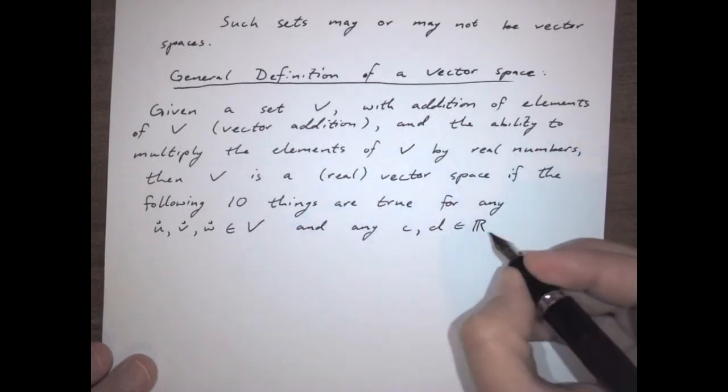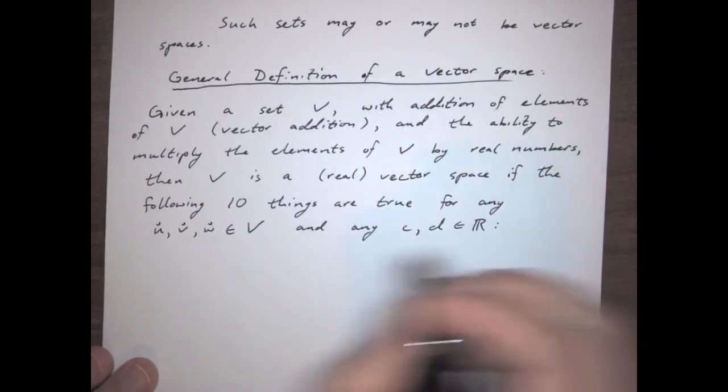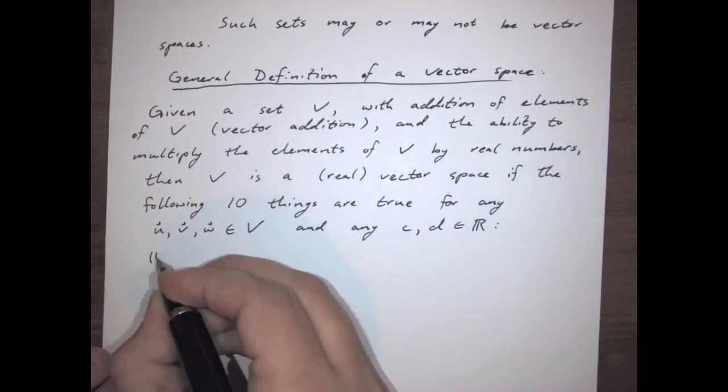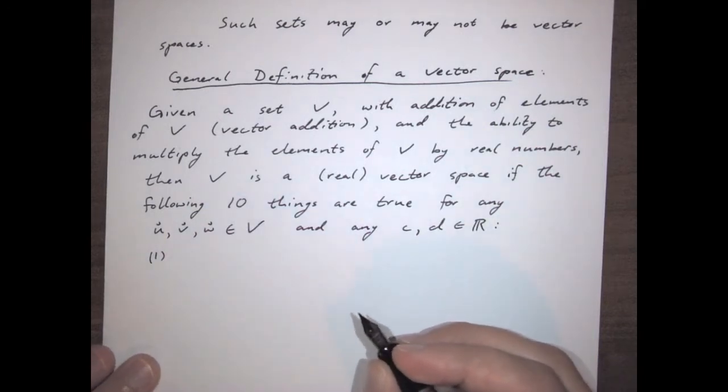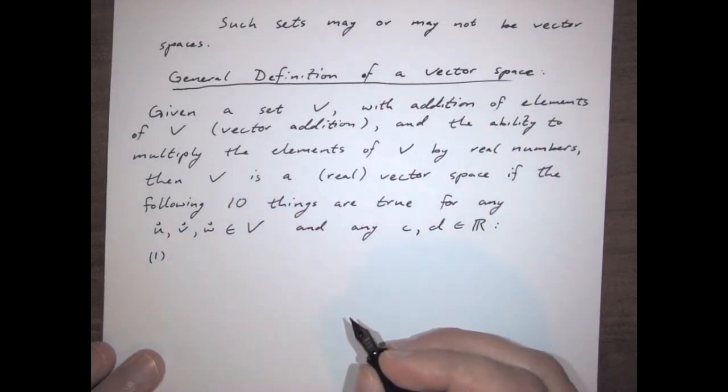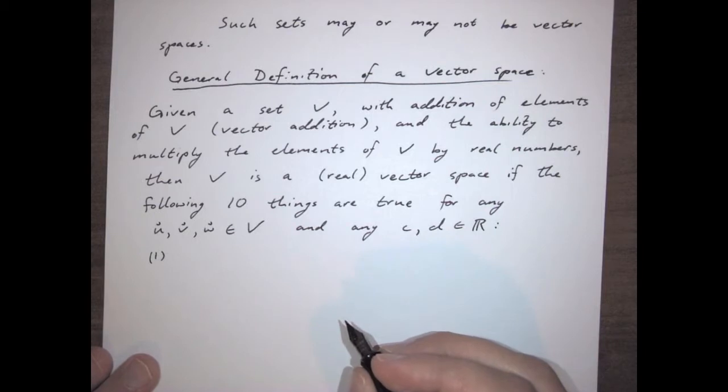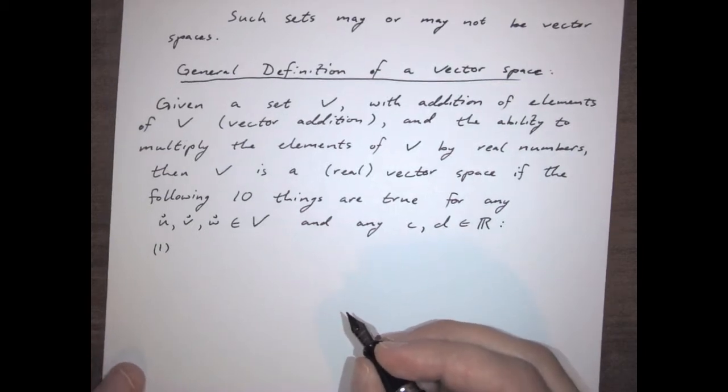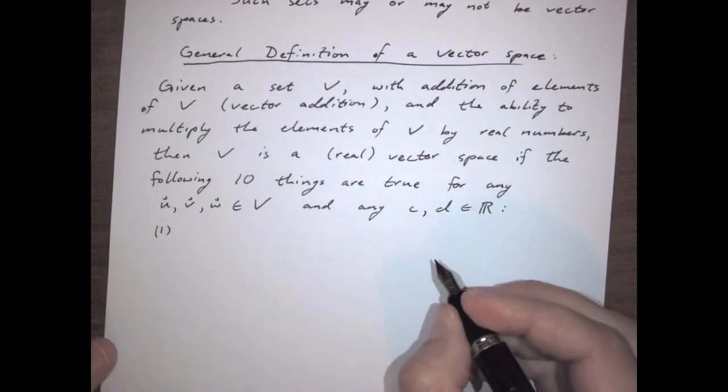Okay. So here what we're going to have are the 10 conditions that are the most important things about Rn that we would want anything that we would dignify with the name of vector space to also satisfy.